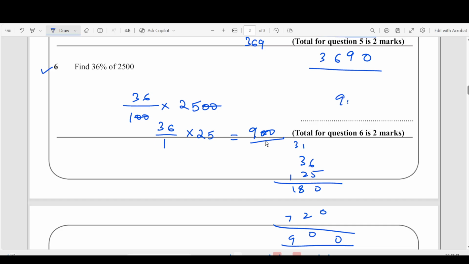When we have 1 in the denominator, we can just write it as 900 because 900 divided by 1 is 900, right?